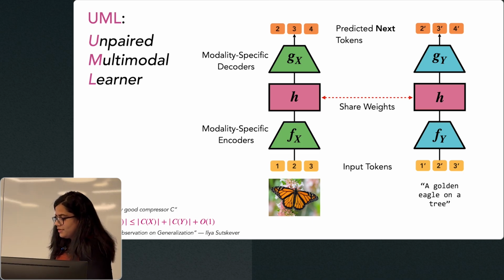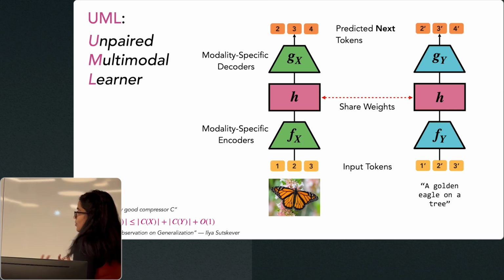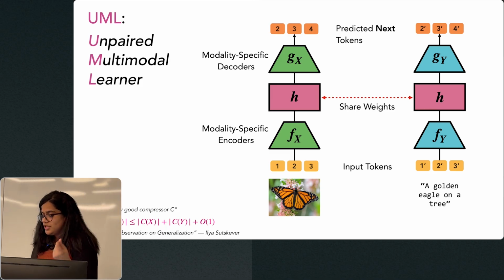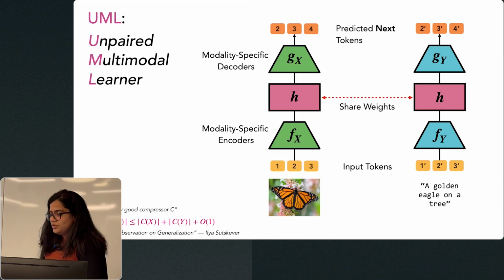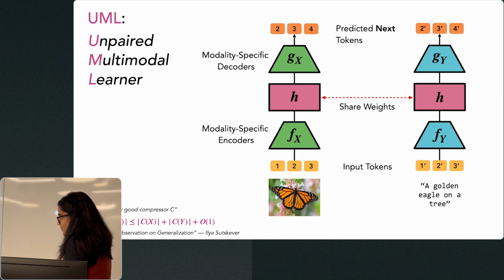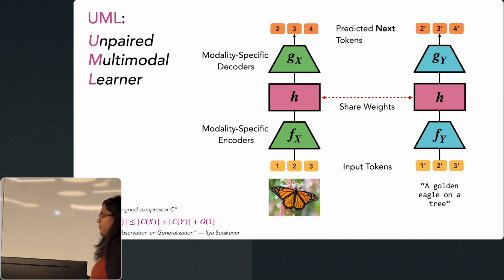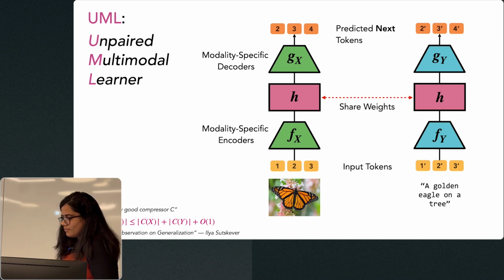So what I do is I convert the images and the text into a bunch of tokens, which is denoted by these yellow boxes, which are the input tokens to the model. Then, because each of the modalities has some modality-specific components, I pass each of these tokens through some modality-specific encoders, which are denoted by f x and f y in this case. So they are just processing this information, which might lie in different dimensions, and getting it together in some joint space.